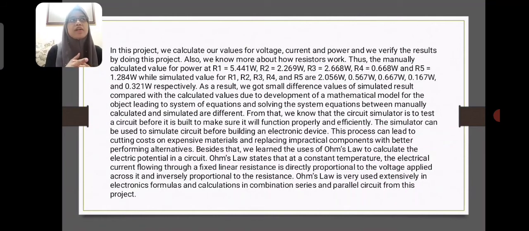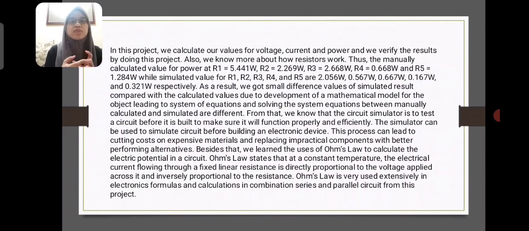We also know more about how resistors work. From this project, we can calculate the values manually and also by using a simulator. From that we got the values for power at R1, R2, R3, R4 and also R5.